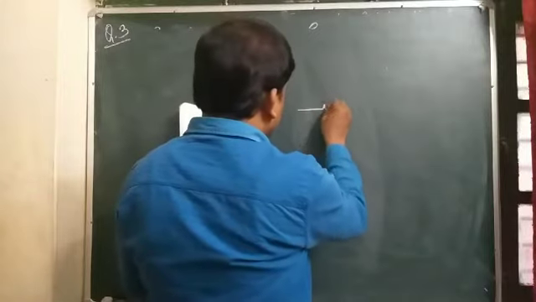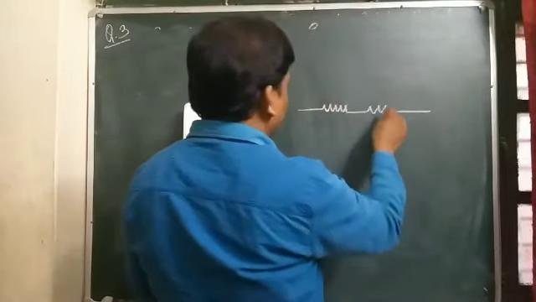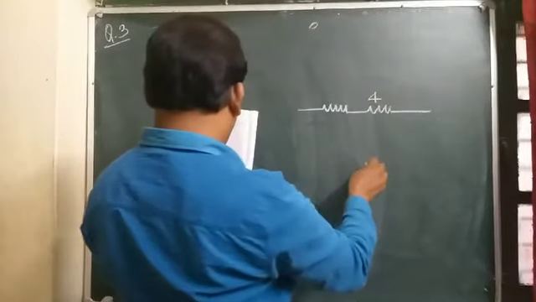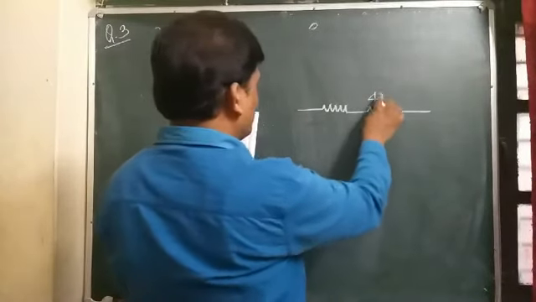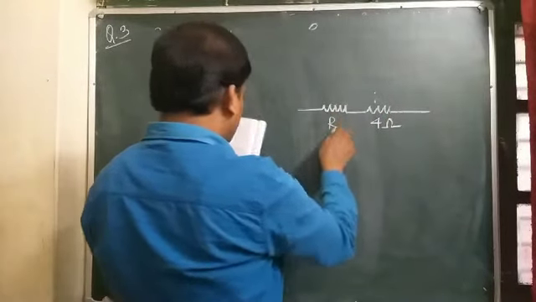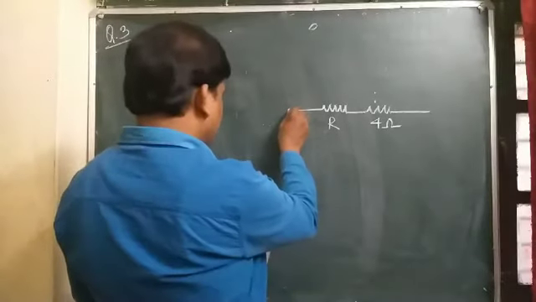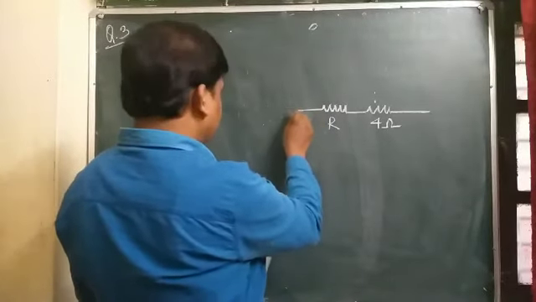One resistance is R, another resistance is 4 ohm, and here is R, connected with a battery.